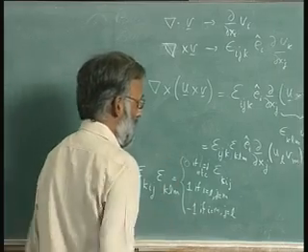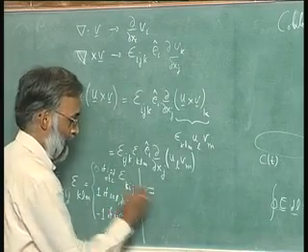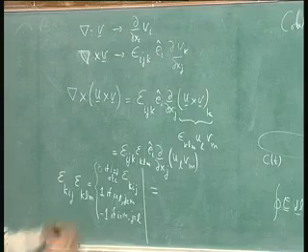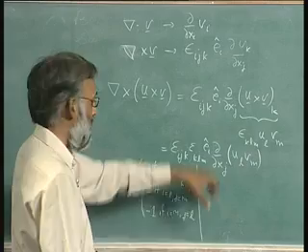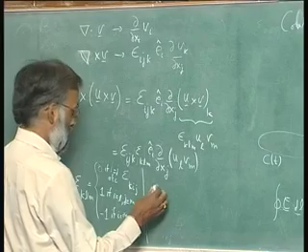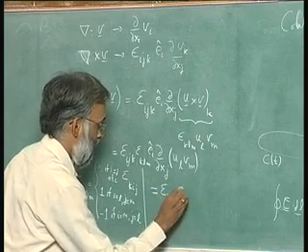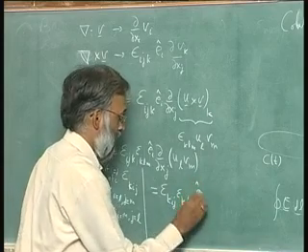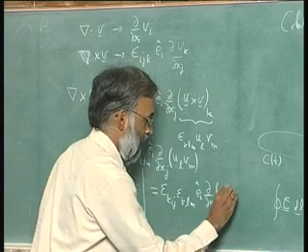So, let me apply it. What do I get? I get either i equals l, j equals m with a plus sign, or i equals m, j equals l with a minus sign. So, let me first write it out in the proper form. Epsilon kij epsilon klm ei del del xj of ul vm.